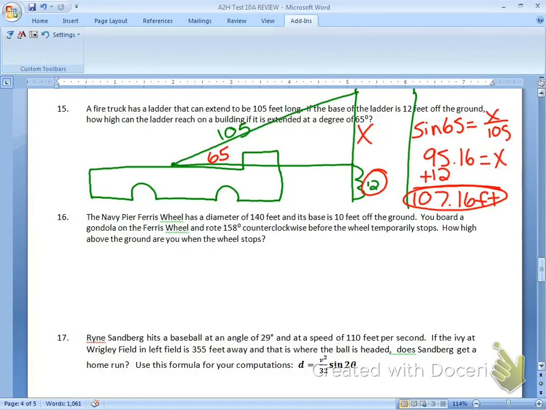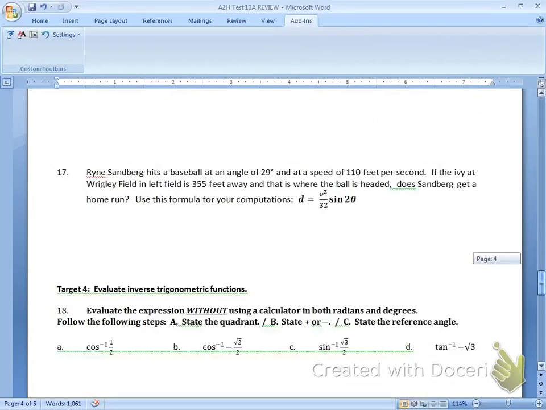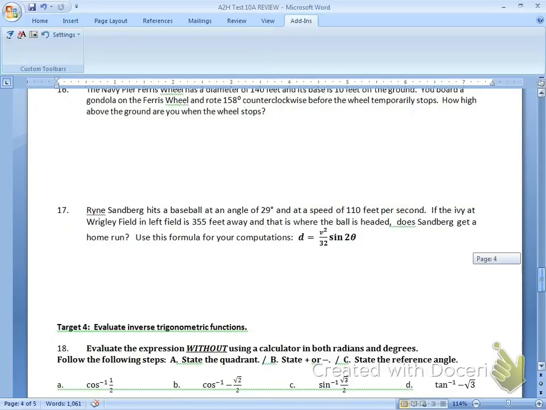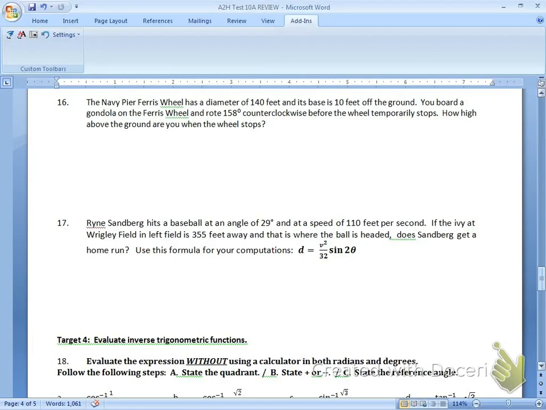Okay, number 16 is going to be very similar to this problem, and there's one exactly like this on your test. The Navy Pier Ferris wheel has a diameter of 140 feet and its base is 10 feet off the ground. You board a gondola on the Ferris wheel and rotate 158 degrees counterclockwise before the wheel temporarily stops.